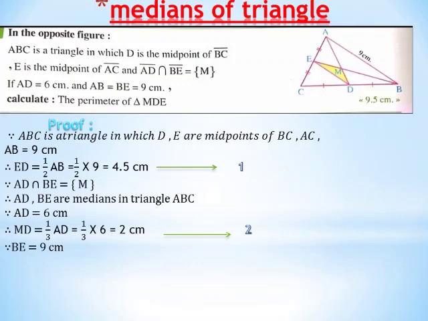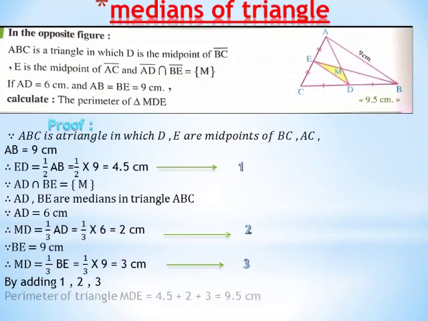If I want ME, the small part of the median, we take the third. So a third of 9 equals 3. This is number 3. By adding 1, 2 and 3, we get the perimeter of the triangle MDE. So the perimeter of the triangle MDE equals 4.5 plus 2 plus 3 equals 9.5 centimeters.